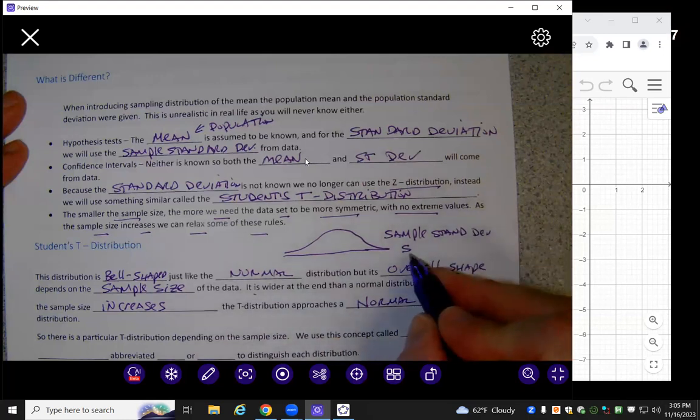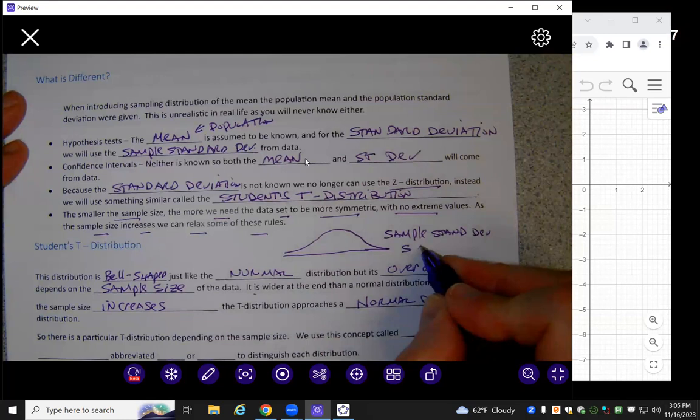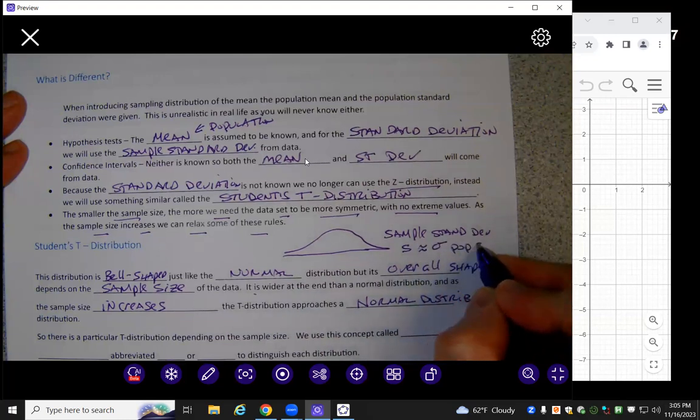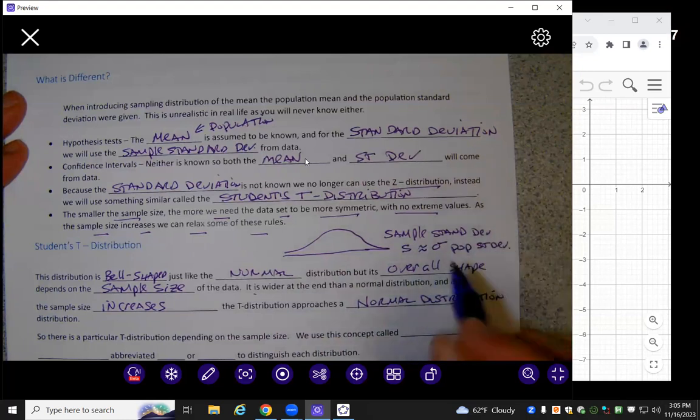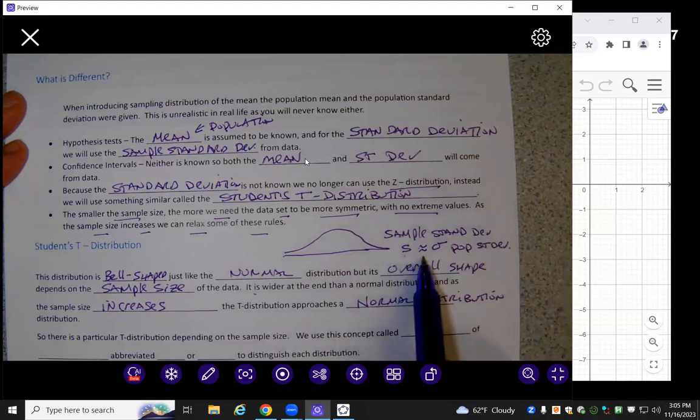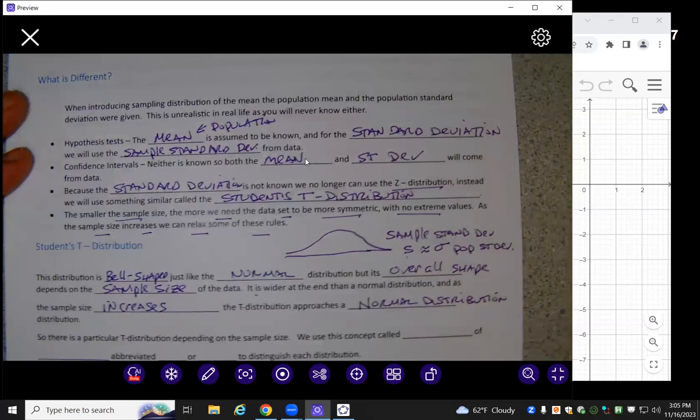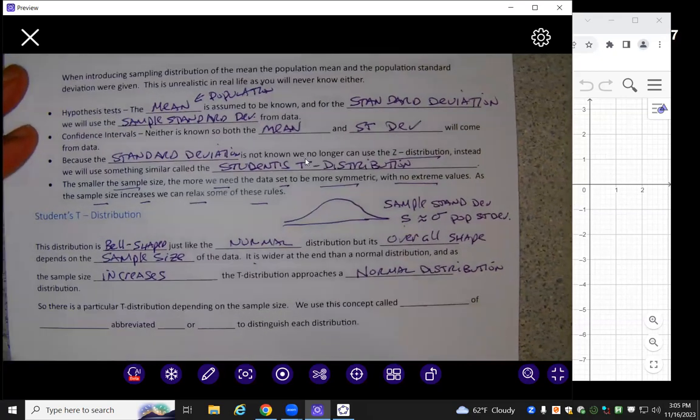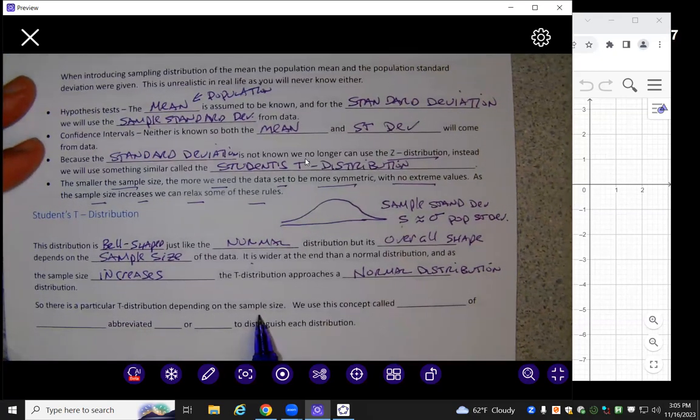Sample standard deviation is nothing more than an estimate for sigma, the population standard deviation. So when s tries to estimate sigma from a sample, s will pretty much always, you can bet money on it, be bigger than sigma. So we need to make adjustments to the normal distribution, and that's what Student's t distribution is. So there's a particular distribution depending on the sample size.